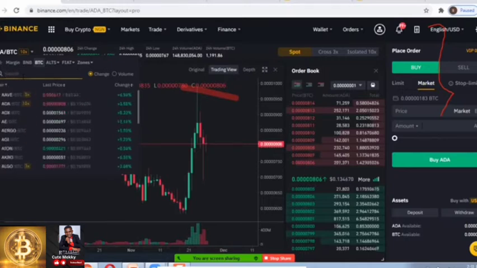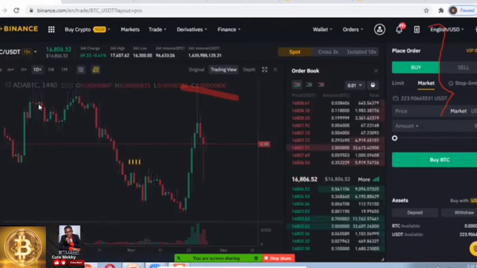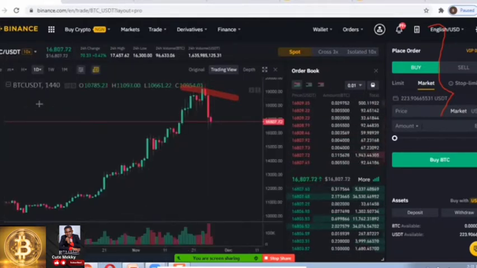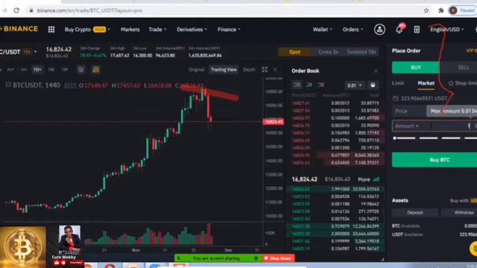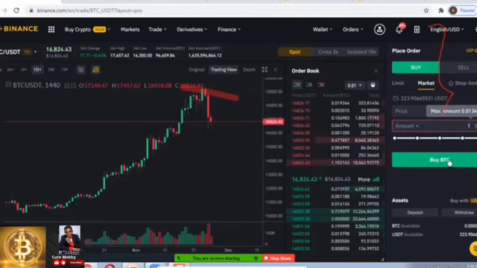Okay, so now if I want to buy Bitcoin, I'm using market order. I'm saying I want to buy Bitcoin now. So I can just put the amount of Bitcoin I want to buy here. You can say 1 Bitcoin, the current price of Bitcoin is about 16,800, and you click buy.